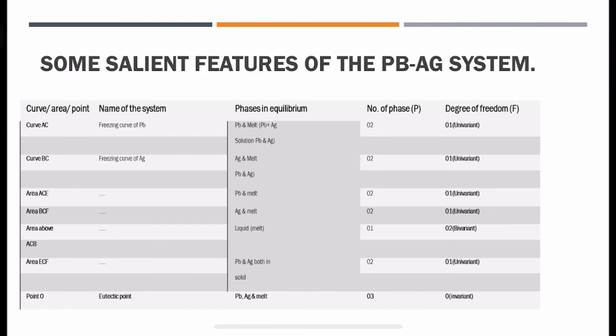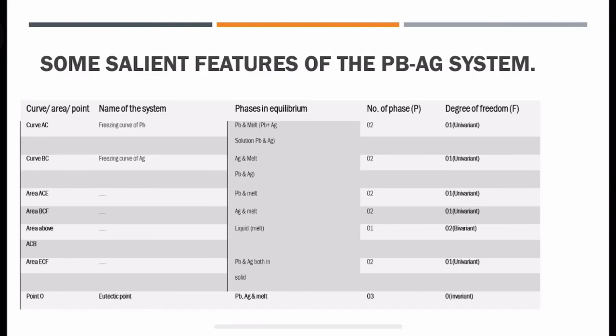You can see the curve AC is a freezing curve of lead, and here the phases are lead and melt. So number of phases is 2 and the degree of freedom is 1, that is univariant. Another one is curve CB. Curve CB is the freezing curve of silver. Here also silver and melt, and so number of phases is 2. So that is also univariant.